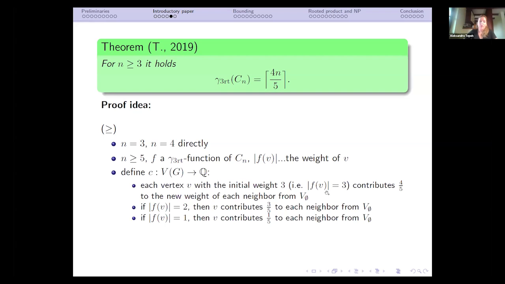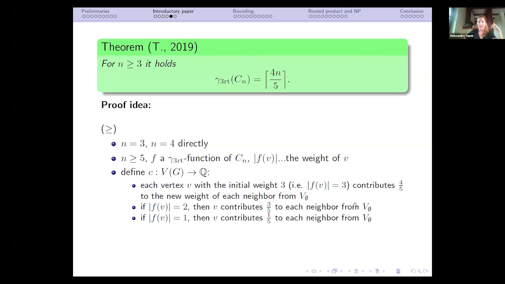And now we'll define a new function which will redistribute the initial weights under f. So we do the following. If a vertex has initial weight 3, then this vertex gives a part of its weight to vertices in the neighborhood which are empty, and it contributes to them exactly 4/5.